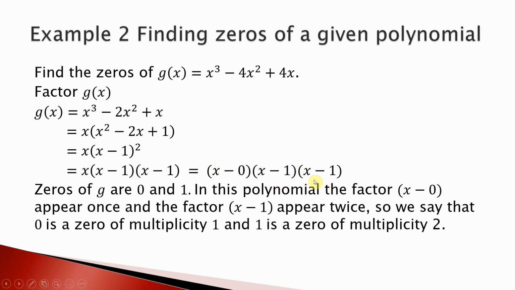So in this case, 1 is a zero of this function, and we say that 1 is a zero of multiplicity 2, and here 0 is a zero of multiplicity 1 because you only have one x minus 0 factor. So if you have the same factor multiple times, it will just increase the multiplicity of that corresponding zero.